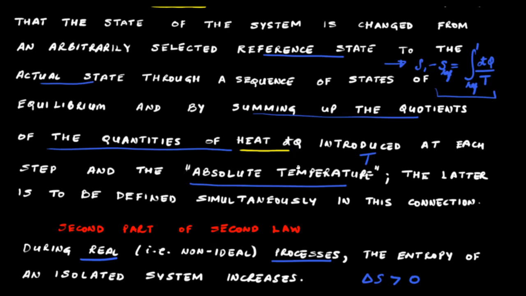And to do this, we'll have to introduce the Carnot cycle, and that we'll do in the next lecture. So in the next few lectures, we are going to look at how we can arrive at this particular statement of the second law from the Clausius or the Kelvin-Planck statements, which are equivalent to each other.